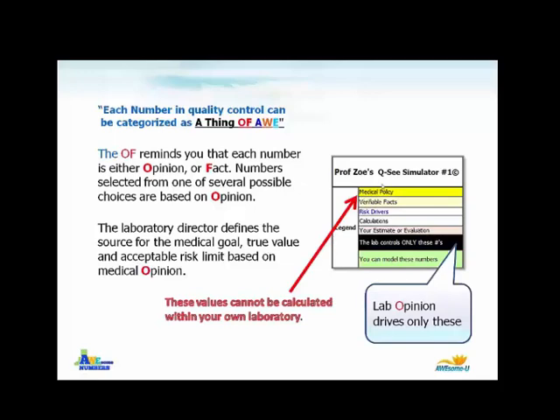You cannot calculate medical opinion. You cannot calculate acceptable risk or medical goals within your lab. That would be like trying to calculate the speed limit based on the speed you've been driving. There are only 4 numbers that the lab controls. Your opinion drives these numbers, nothing else.